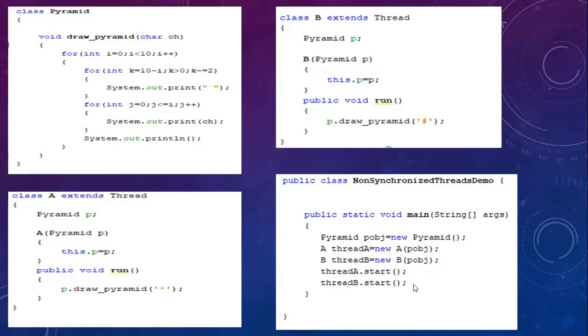Both can now compete to get access to the CPU. Again, we have not set any priority for these threads, so they are of equal priority. Now let's see what happens when they compete for access to the drawPyramid method of class Pyramid.